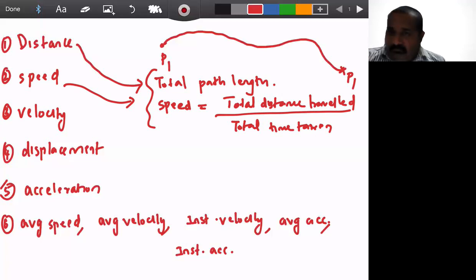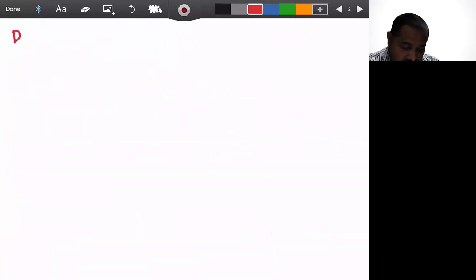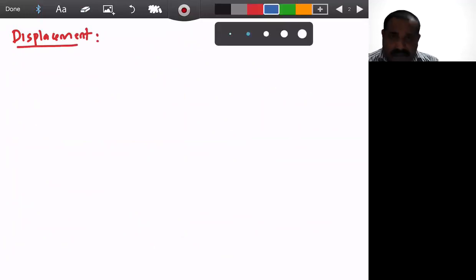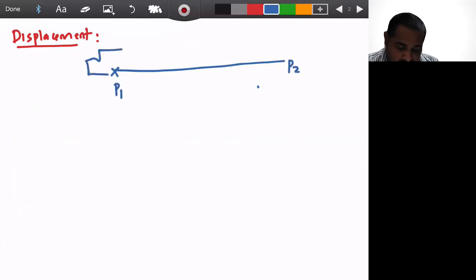Now, considering all these facts, first of all, I will define displacement. As I said in the example, the definition of displacement is change in its position. I will consider an example with P1 and P2. Suppose a vehicle is somewhere here at a position P1.